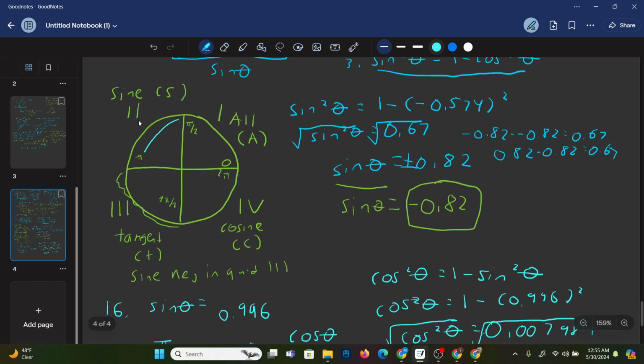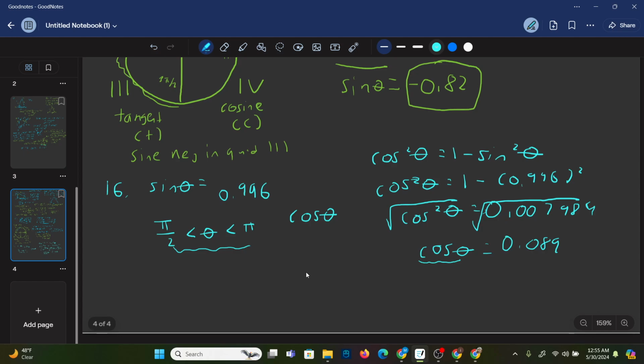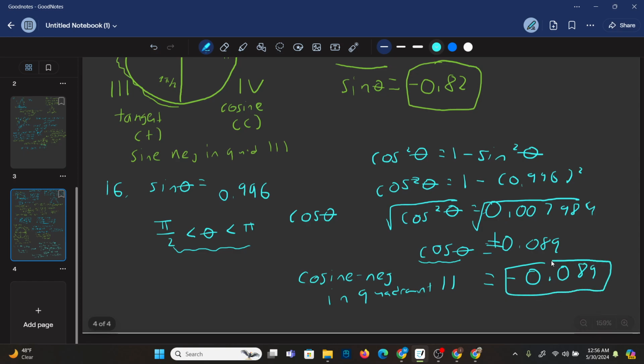And that would be negative in quadrant 2. So cosine is negative in quadrant 2. And remember, this is plus or minus, because when we take the square root, it's plus or minus something. So because it's negative in quadrant 2, this value has to be negative, not positive. And so this would be our final answer.